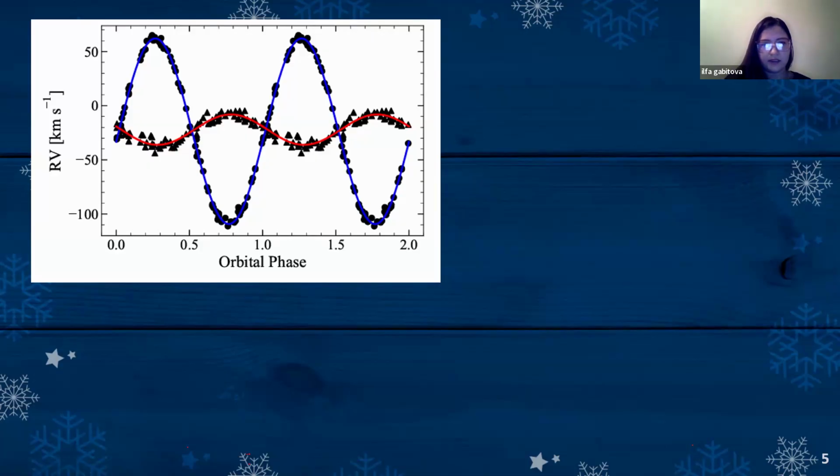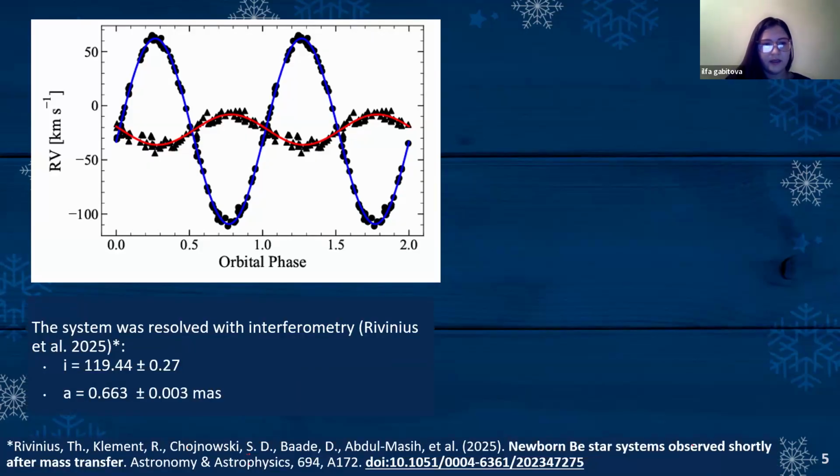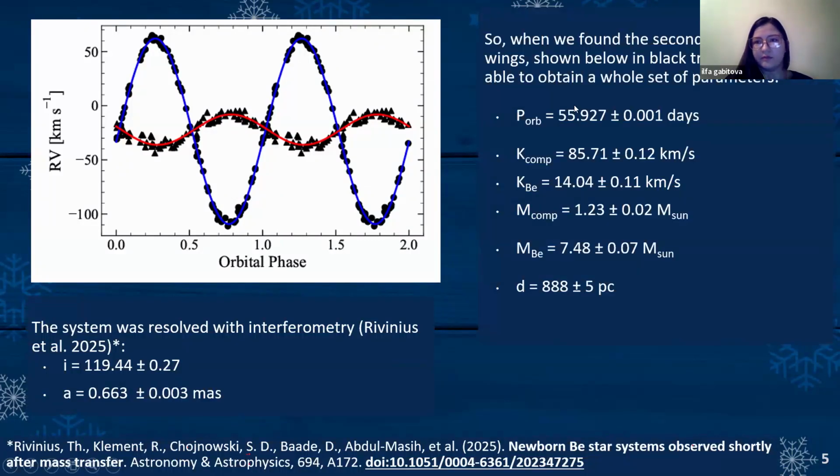This system was luckily resolved with interferometry this year. With the parameters published in this study, we were able to get a full orbital solution for the system.